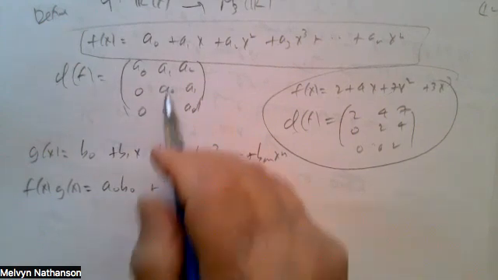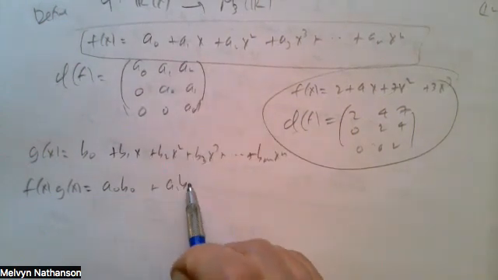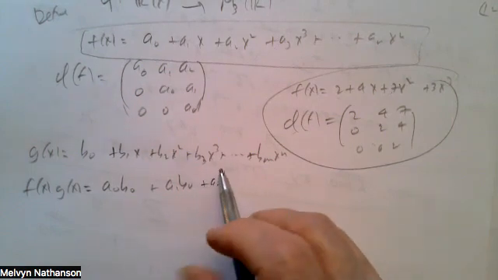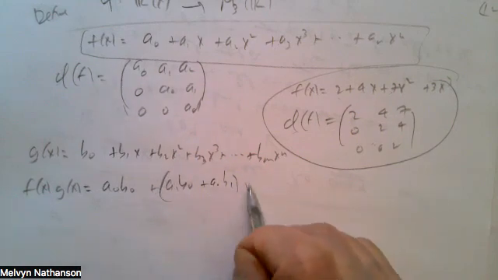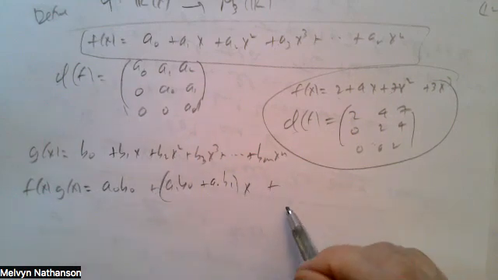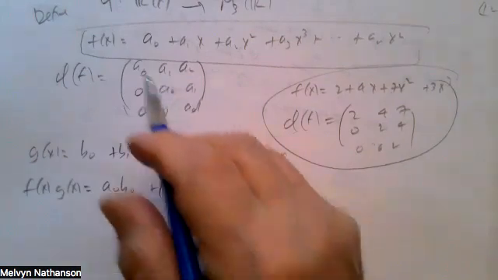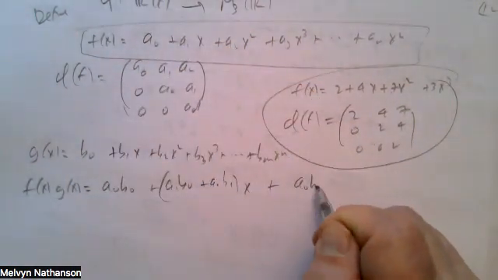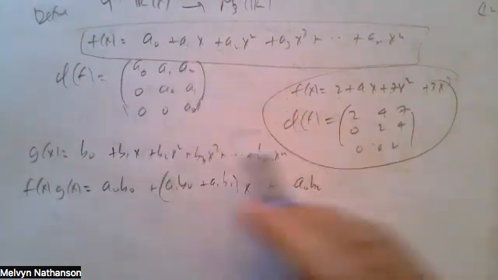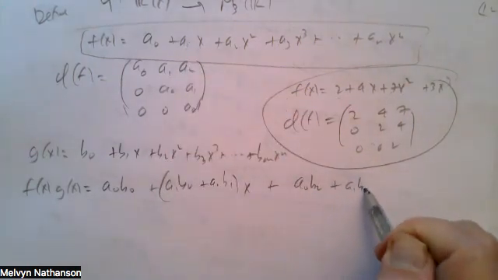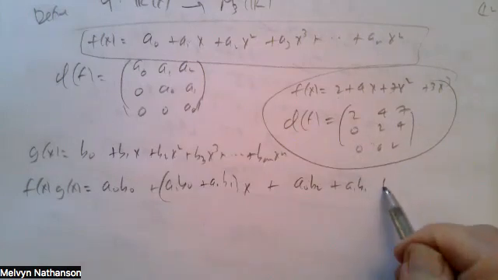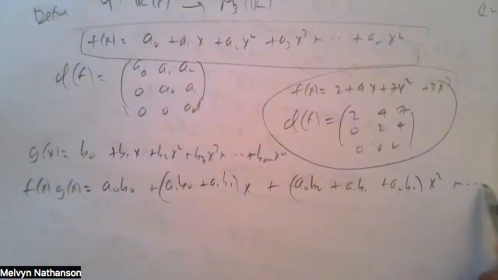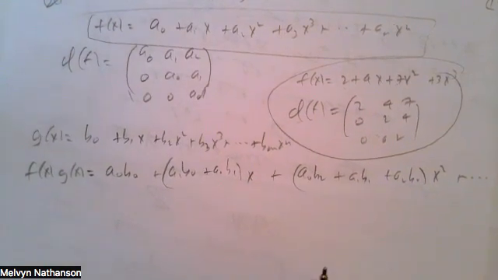The linear term is A1, B0 plus A0, B1 times X. The quadratic term, when you multiply these, you get A0, B2, A1, B1, A2, B0. That's the quadratic term. And then there are higher powers of X.